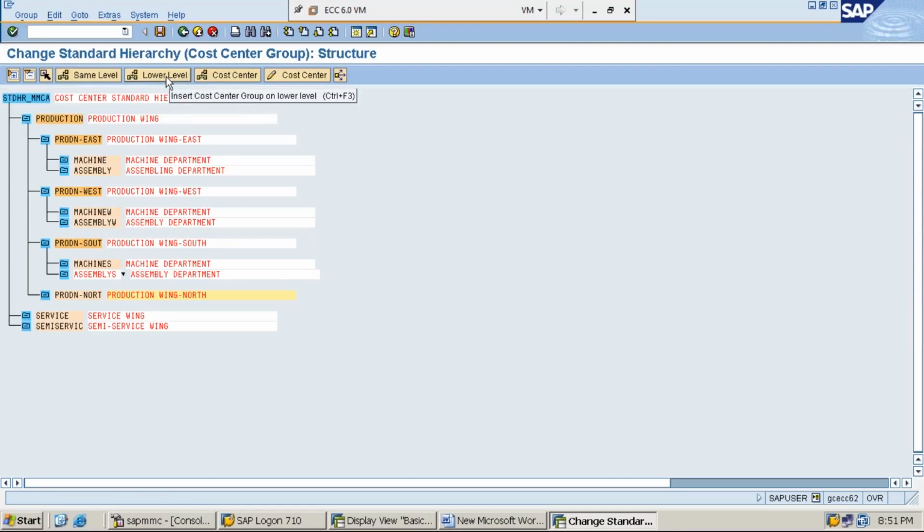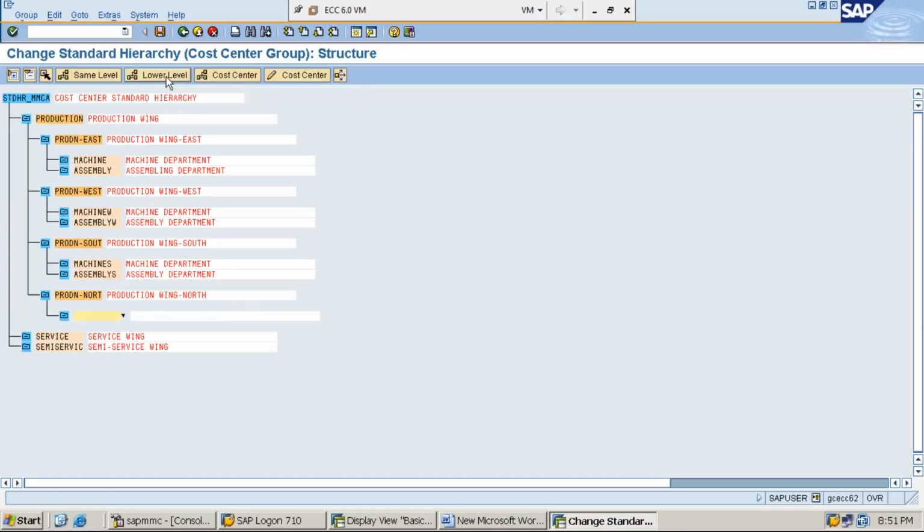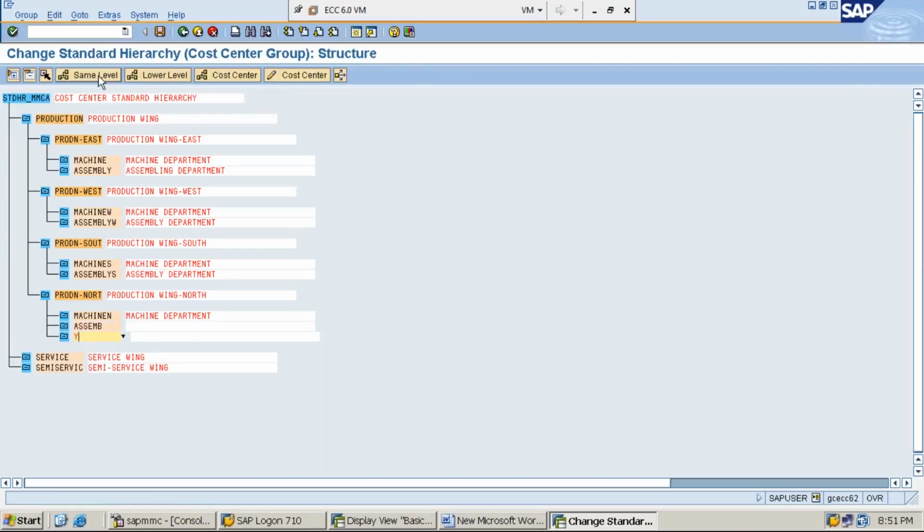So lower level, machine department. So same, now same level, assembly, sorry.